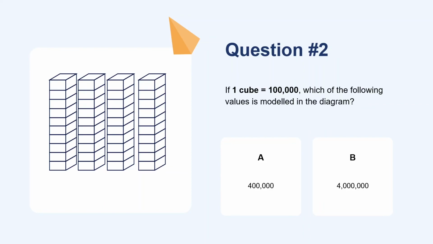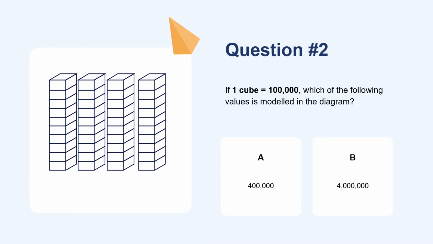So first we have to know the value of 1 rod. We know that 1 rod is equivalent to 10 cubes. So if 1 cube is 100,000, then 1 rod is going to be 10 times 100,000. And 10 times 100,000 is going to be 1 million. It means that the value of 1 rod is 1 million.